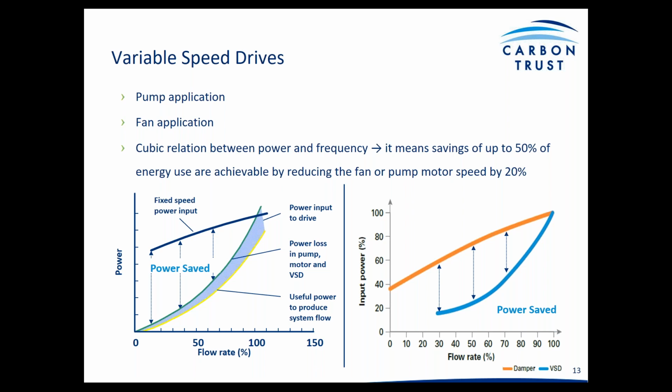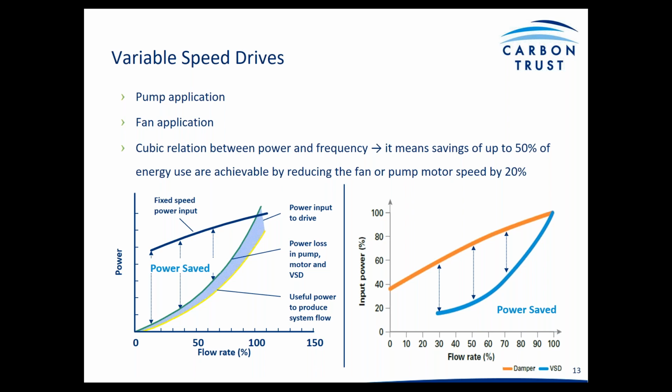And in some cases, if you're using your motor at full speed, 100% load, it could even be more energy consuming. But the big benefit from using variable speed drives is that there is a cubic relation between power and frequency. So you can save up to 50% of energy just by reducing your fan or pump speed by just 20%.